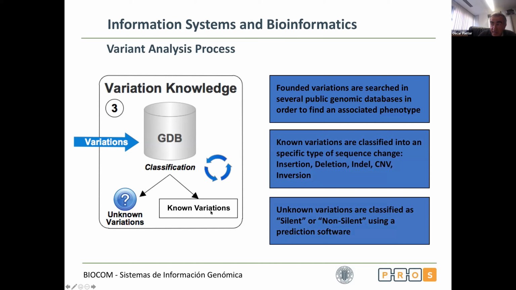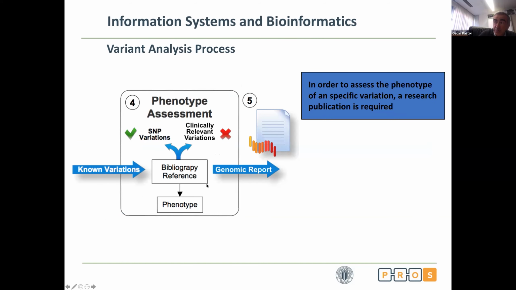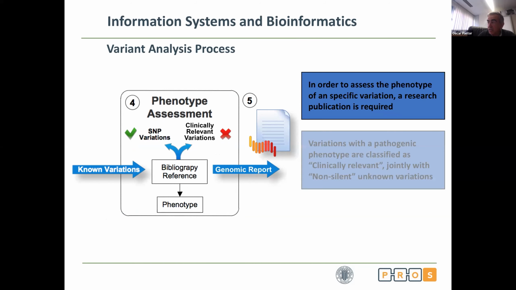The algorithm has detected a variation in your genome that has an interpretation. The interpretation is justified using all the bibliographical references that explain why this variation is associated to a given disease. And finally, this genomic report collects those pathogenic phenotype variants.